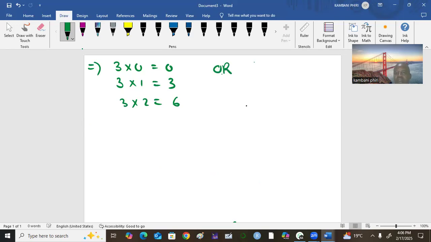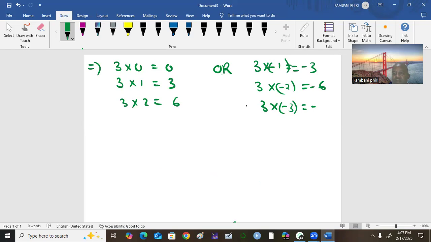Or 3 by negative 1, we get negative 3. 3 by negative 2, we get negative 6. 3 by negative 3, we get negative 9.